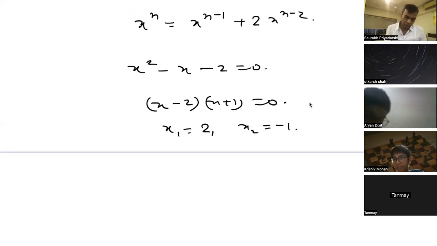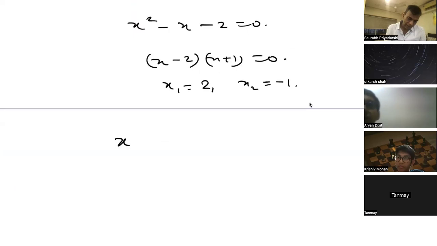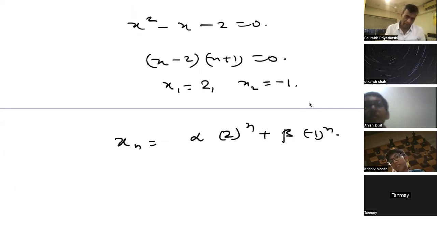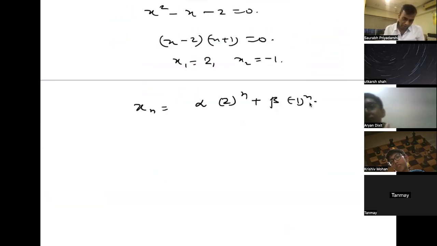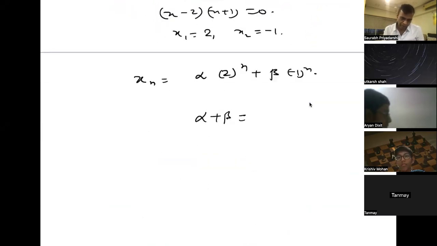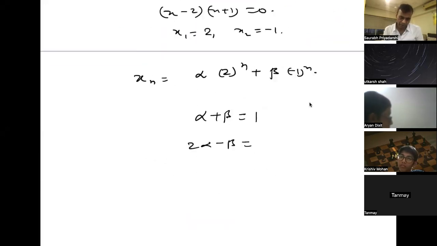So I can rewrite this as an is equal to alpha times 2 to the power n plus beta into minus 1 to the power n. And few values are given. A naught means alpha plus beta is equal to 1. And A1 means 2 alpha minus beta is equal to 3.